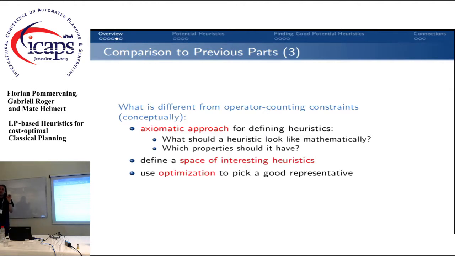We're trying to shift the burden of doing that to the computer. We're going a level up and being a bit more axiomatic, saying: here is what I want heuristics to be like. I want the heuristic to be admissible. I want the heuristic to be consistent, and this is of course the magic ingredient: this is what I want the heuristic to look like mathematically. I want it to be a linear combination of features. This is what I want.